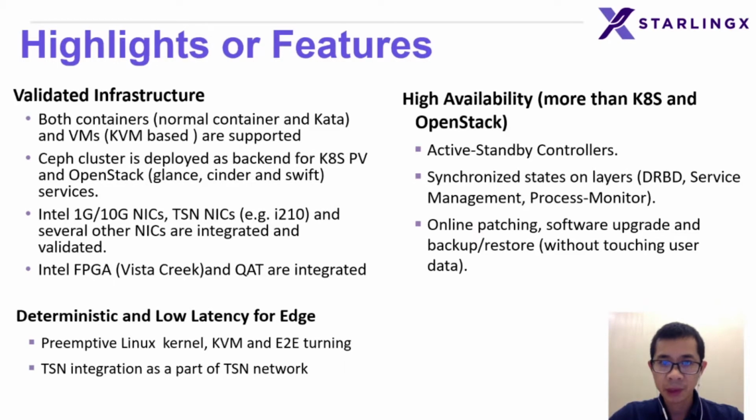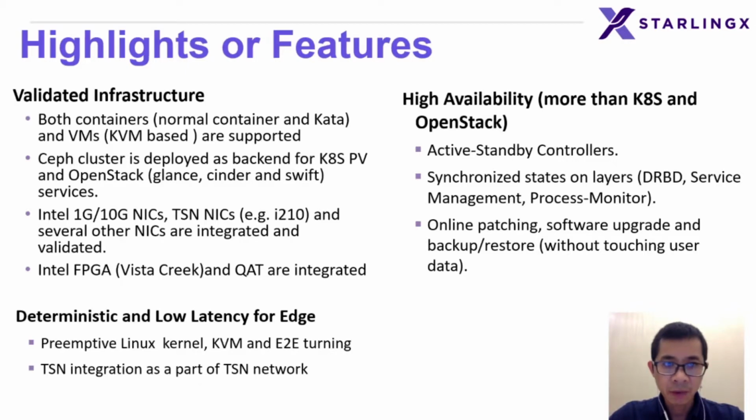From a hardware perspective, we also have Intel 1GB, 10GB NICs, TSN NICs, and several other NICs integrated and validated. Also, Intel FPGA and QAT cards are integrated as part of the package.